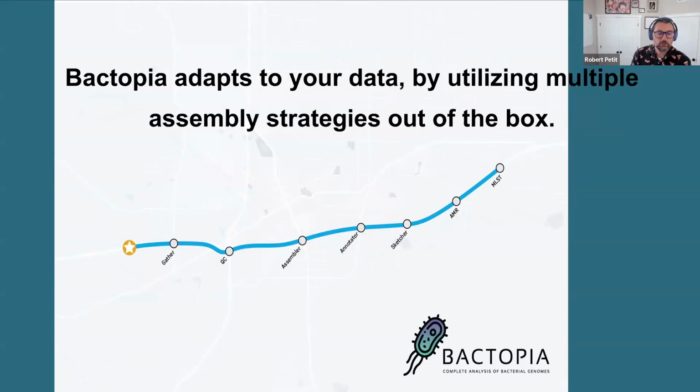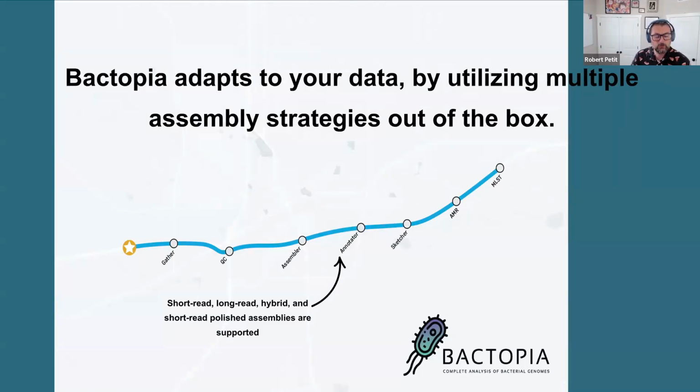Bactopia also adapts by utilizing multiple assembly strategies out of the box. Like I said, short read, long read, hybrid, and short read polish assemblies are supported. The hybrid would be you assemble with the Illumina first and then try to bridge the contigs with the long reads.